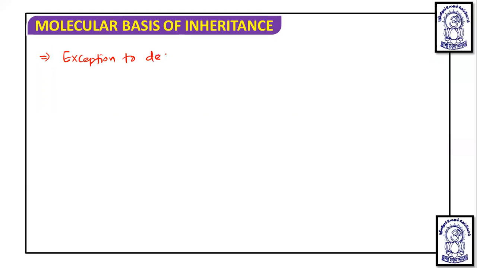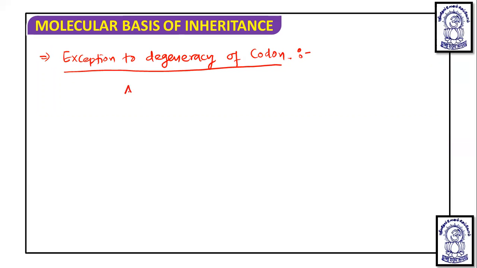Exceptions to degeneracy of codons: if we talk about such exceptions, then AUG codes for methionine and UGG codes for tryptophan.